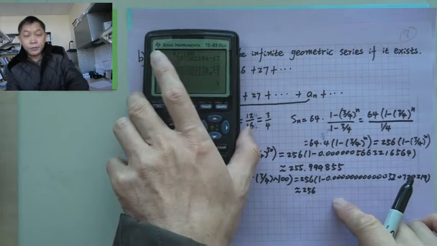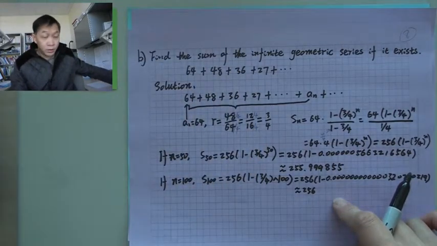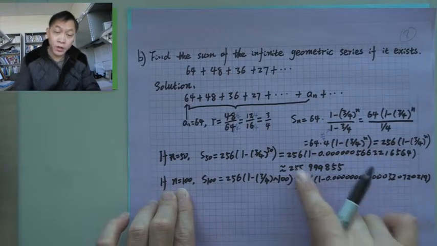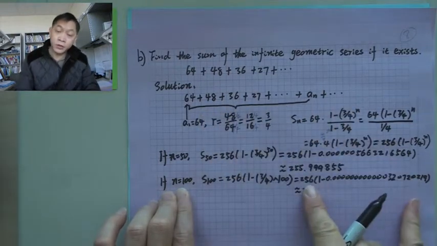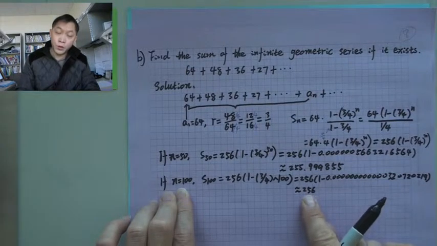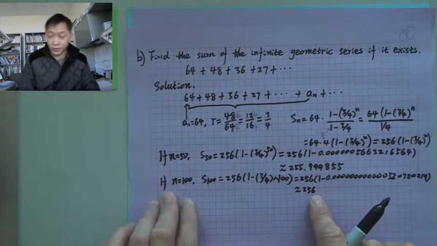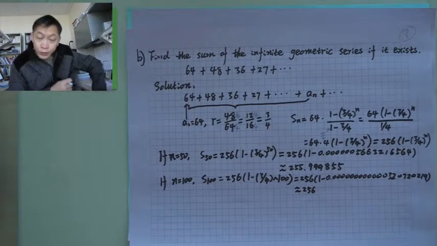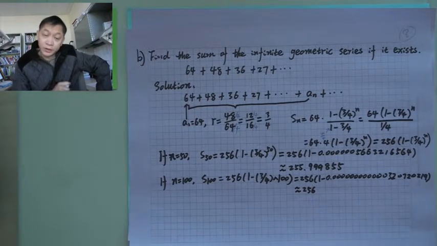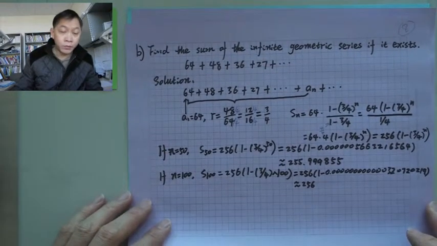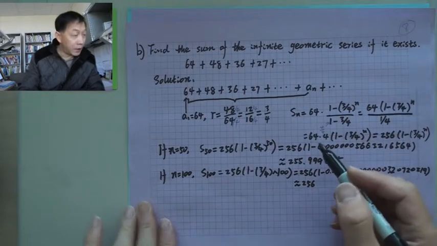Okay, so in 100th, this sum is close to 256. If you add more, then it's even closer to 256.